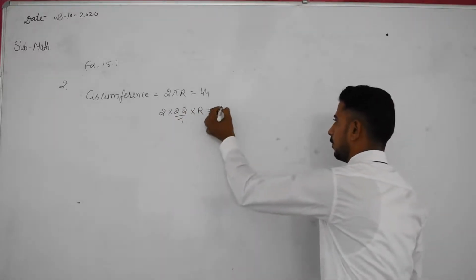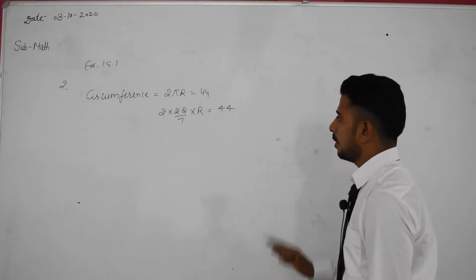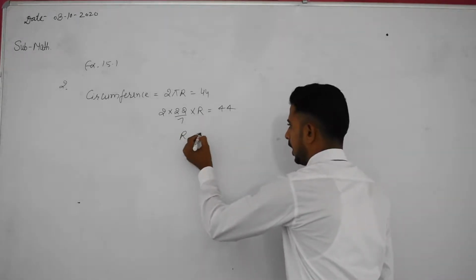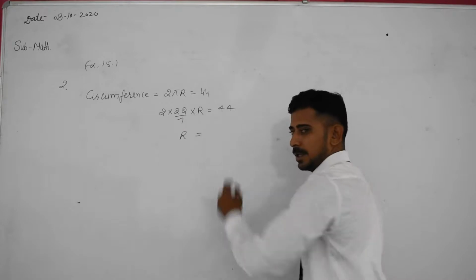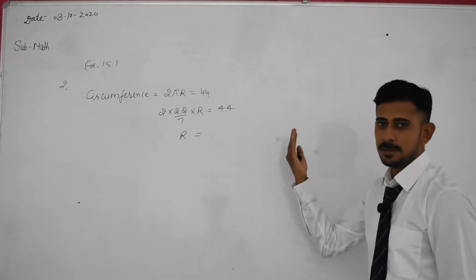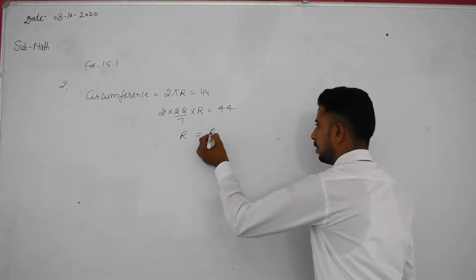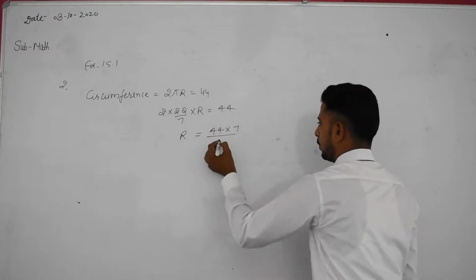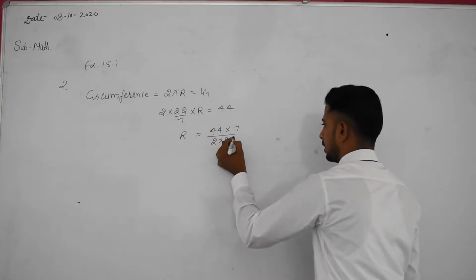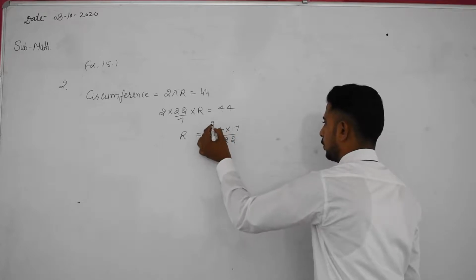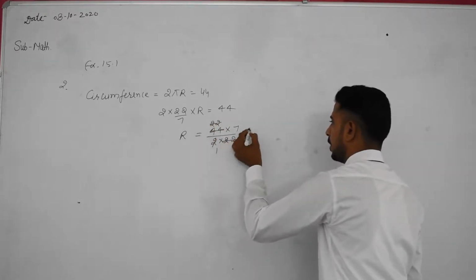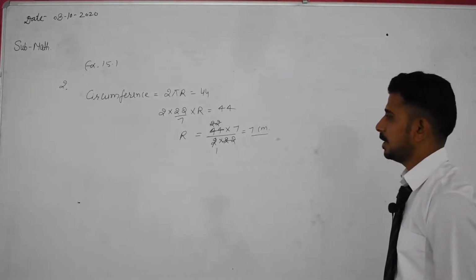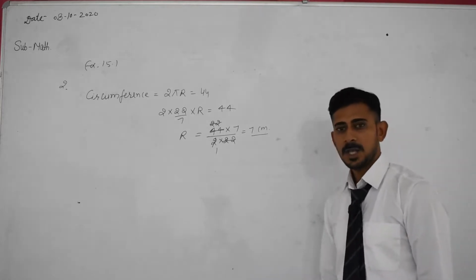Now if we want the value of r, then r in left hand side and rest part is transposed to right hand side. 44, 7 in denominator, then after transpose in numerator, and 2 into 22 in denominator. 2 1s are 2, 22 2s are 44, 22 cancel, value is 7 centimeter. It means circumference is 44, then radius is equal to 7.